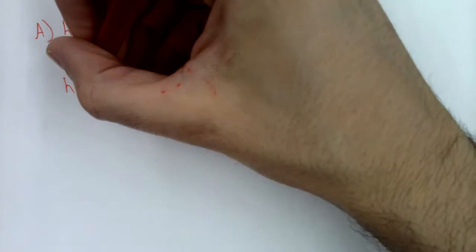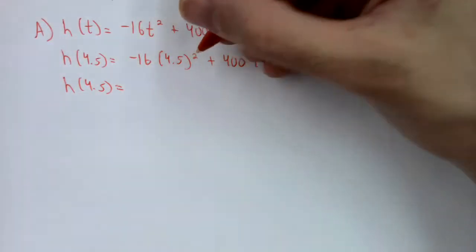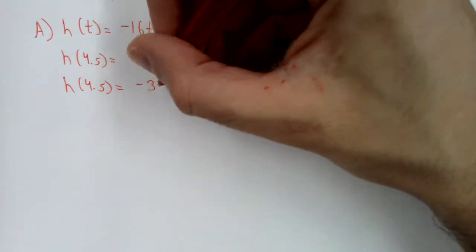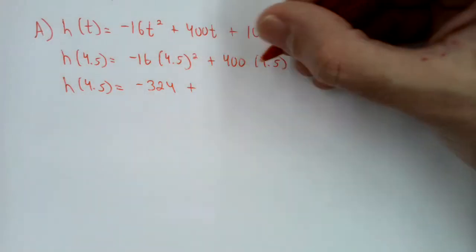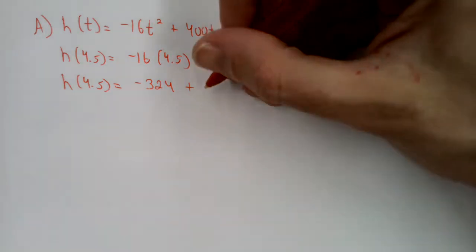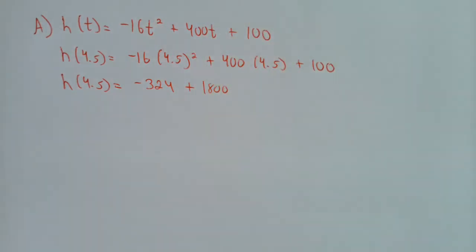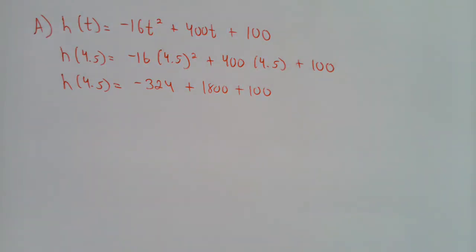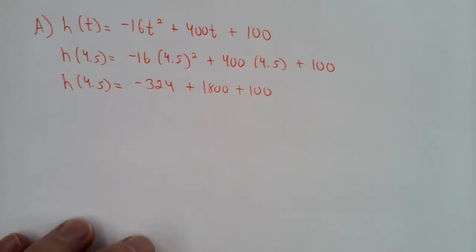When you do that, 4.5 squared first, then times negative 16 should give you negative 324, and then plus 400 times 4.5 will be plus 1,800, and then plus 100. So when you add those up, you should get 1,576.